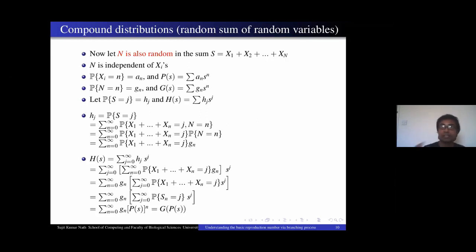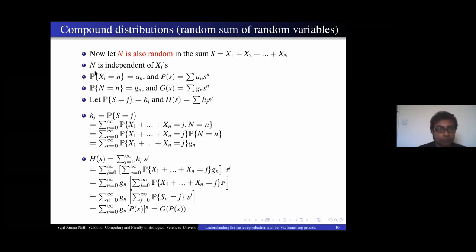That number of terms is again a random number coming from a distribution. So this is the sum of a random number of random variables. This S, the sum of a random number of random variables, is called the compound distribution or compound random variable. Now we will try to understand what could be the generating function for such a compound random variable.